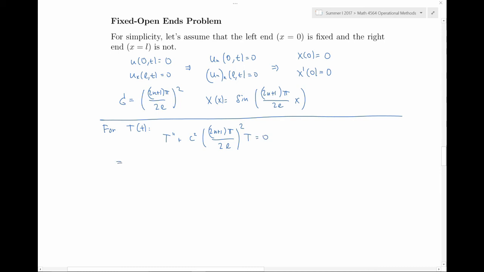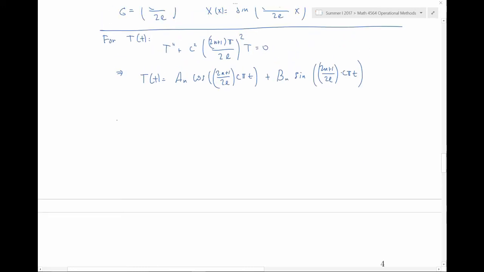This leads to the solutions T of t having to be a sub n cosine of (2n plus 1) over 2L times c pi t plus b sub n sine of (2n plus 1) over 2L times c pi t.